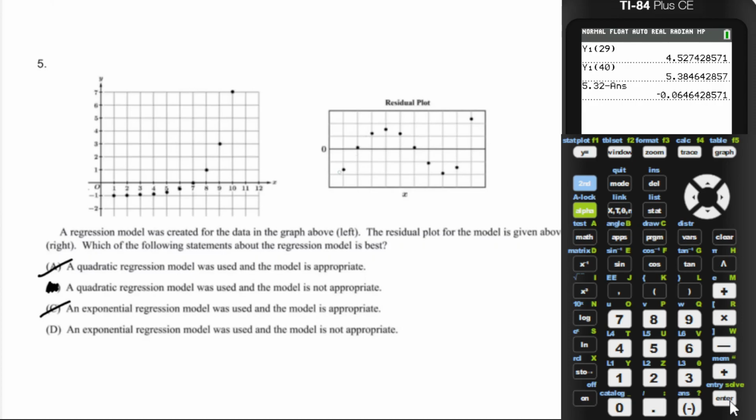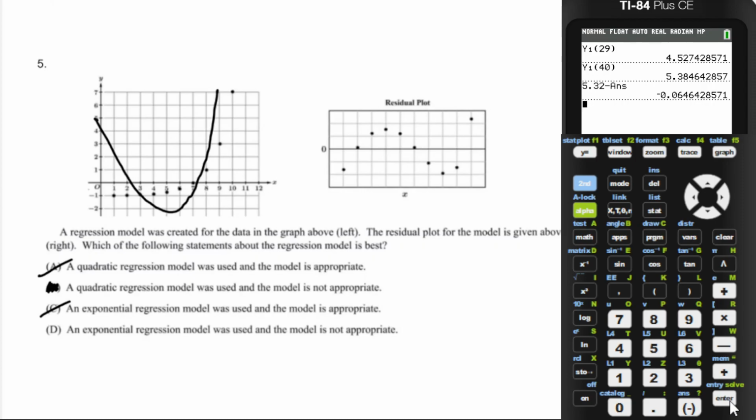Oh, maybe it's the overestimate because of a negative residual, underestimate through here, overestimate, underestimate. Okay, if we got rid of those, we went from overestimating to underestimating to overestimating to underestimating.